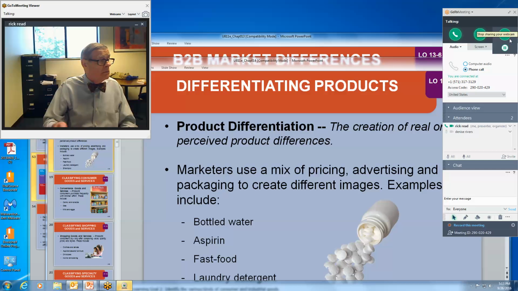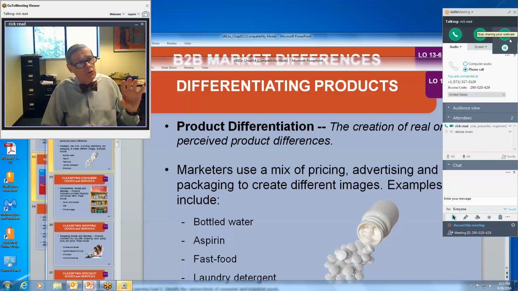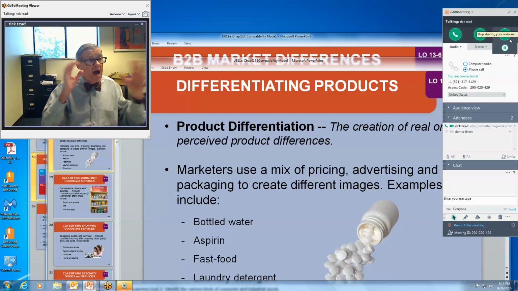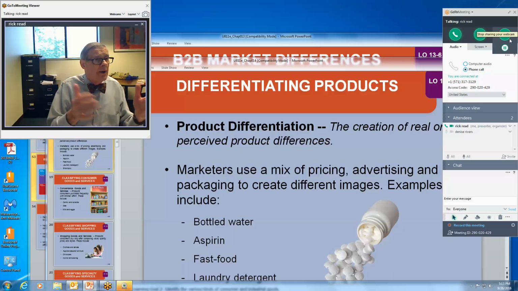So you use advertising and packaging, and what you're trying to do is to create, as it says here on the slide, something different, so that when everybody thinks of laundry detergent, for instance, a particular name comes to mind. Tide or All or New Era or Purex or something else.